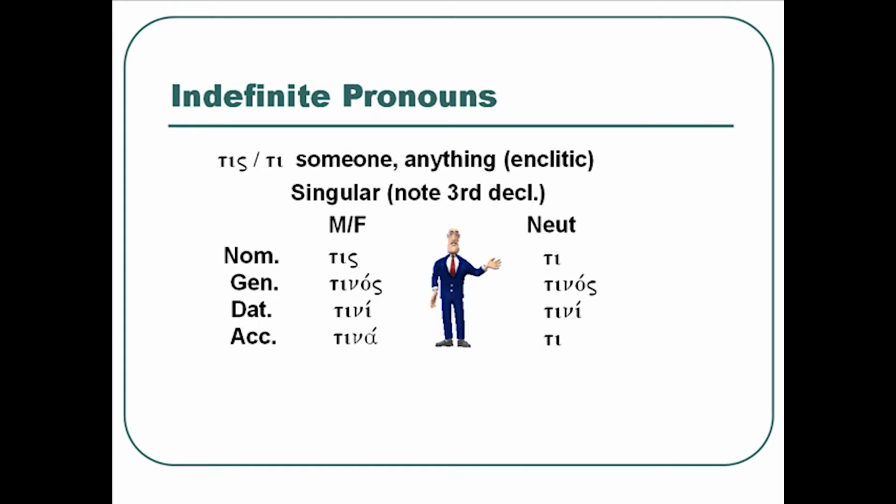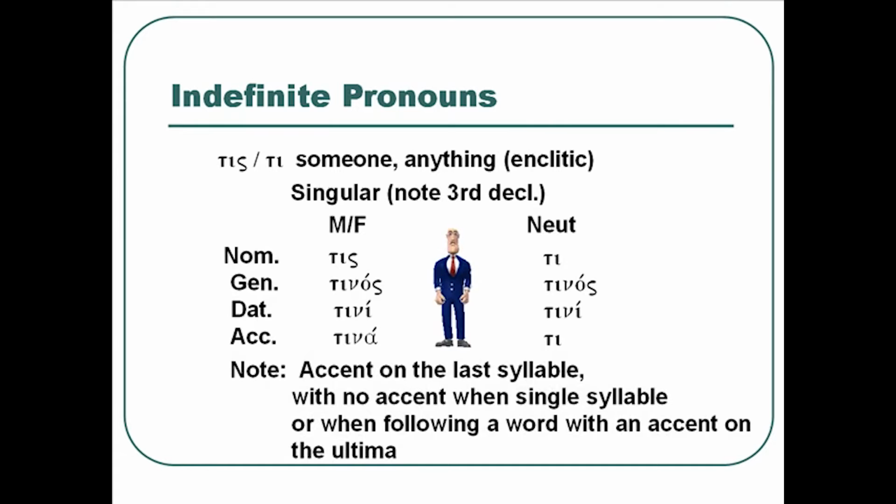But you'll notice that the single syllable indefinite pronoun does not take the accent. And when it is accented on the double syllable indefinite pronouns, it's accented on the final or ultima syllable. And even when you have 2 syllables, if the word preceding it has an accent on the ultima, the accent is dropped even on the second syllable of the tinos and the tini.